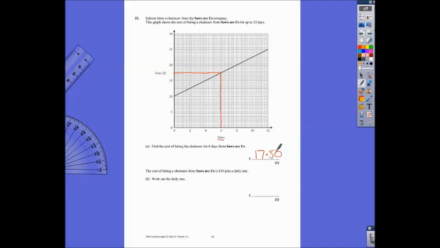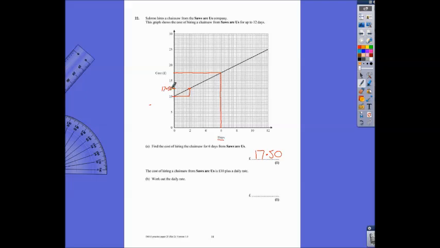It says the cost of hiring a chainsaw from Saws or Us is £10 plus a daily rate. Work out the daily rate. So for no days it costs £10. So straight away you're getting charged £10 right at the start. After 2 days, so if I go along here, the cost is £12.50.